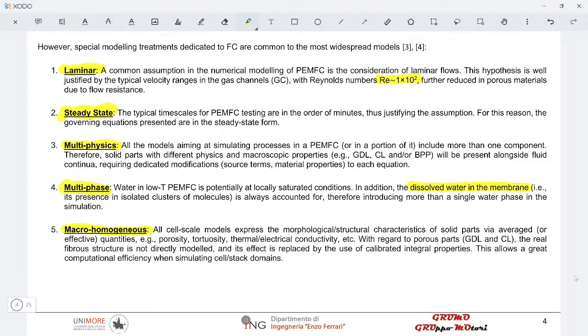So macrohomogeneous means statistical, a property representing the entire volume of my porous material. And just to conclude on this, always bear in mind that porous material samples are never identical one to the other. So again, even if we wanted to introduce in our model the exact structure of my porous material, how can you deal with the fact that one GDL is different from another one?